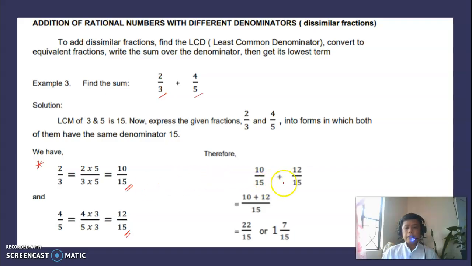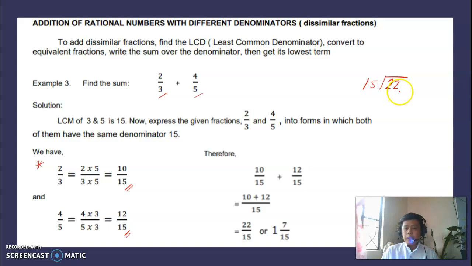So, you have 10 over 15 plus 12 over 15. Copy 15, tapos copyhin na lang natin yung mga numerators, i-add natin. 10 plus 12 is 22 over 15. Or, since mas maganda kapag improper fraction, i-mix number natin. So, yung 22 divided by 15.